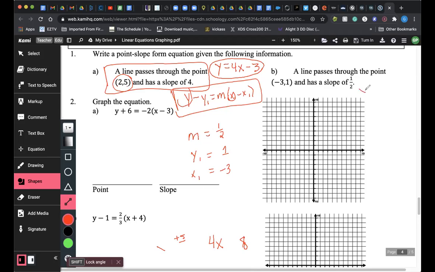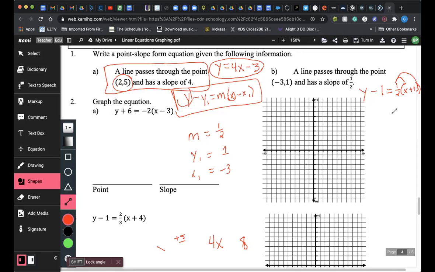So I'm going to say y minus y1 is equal to m times x minus x1, which is minus -3. I'm going to change that immediately to just a +3. All right, and then my next step is just going to be to distribute the 1/2, so multiply it to each of the things inside the parentheses.